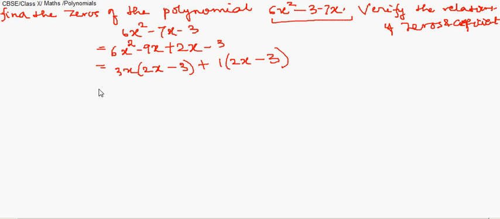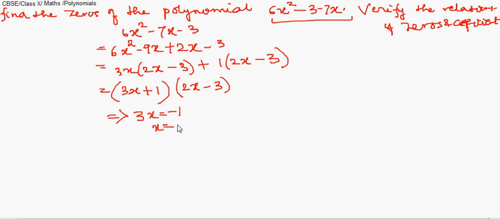So the zeros of this given polynomial become: 3x plus 1 equals 0, so 3x equals minus 1 and x equals minus 1 upon 3. And on the other hand 2x minus 3, so x equals 3 upon 2. So these are the two zeros of the given polynomial.